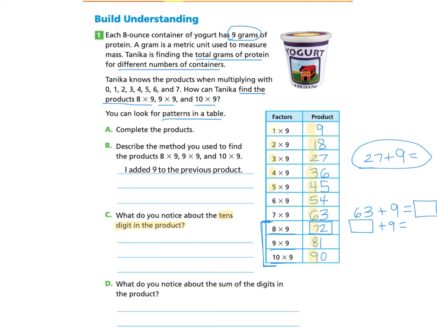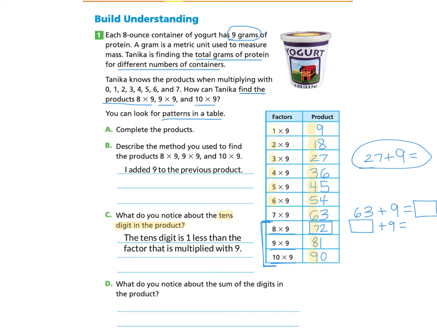So in this case, if 5 is my factor, then what is my product, the tens digit? It's 4. 5 minus 1. For the next one, 6, the tens digit in the product was 5, which is 1 less than 6. So I am going to explain my thinking to write that the tens digit is 1 less than the factor that is multiplied with 9.